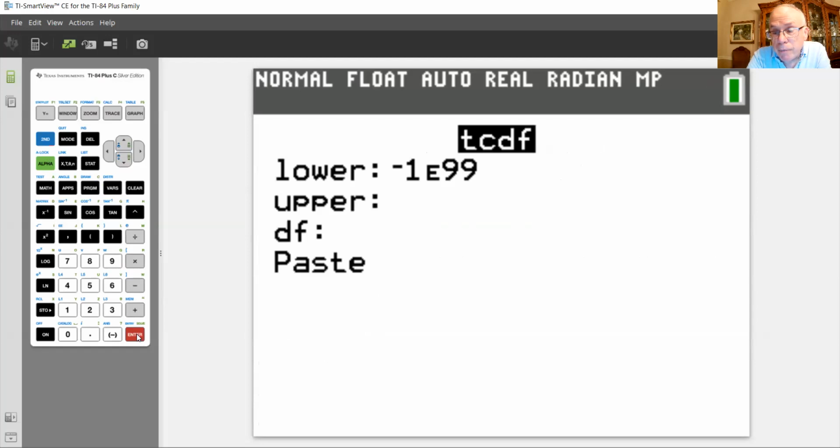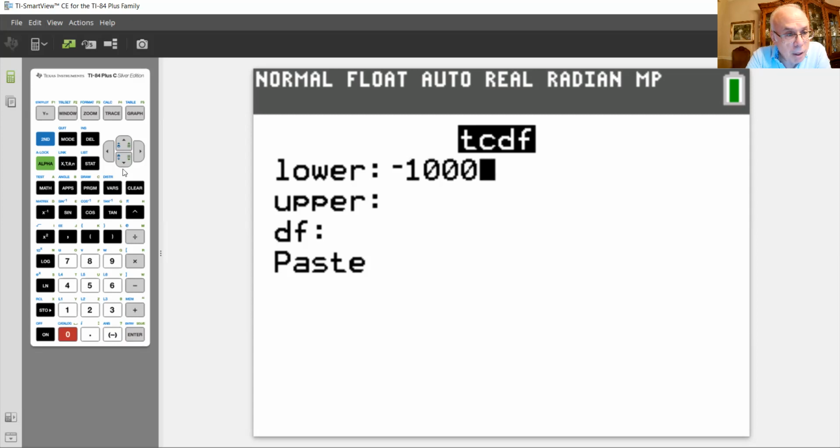Now remember, the t statistic's negative, so we're going to put a negative 1,000 here. Right, we're going to treat the area that we're calculating to be a left tail. Negative 1,000.